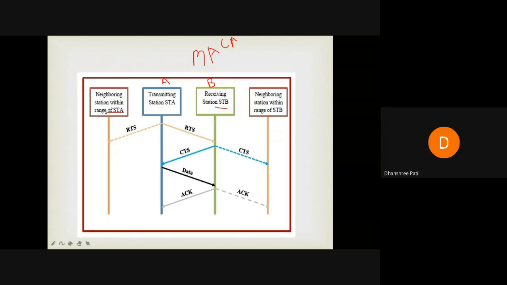This station is in the range of station A.